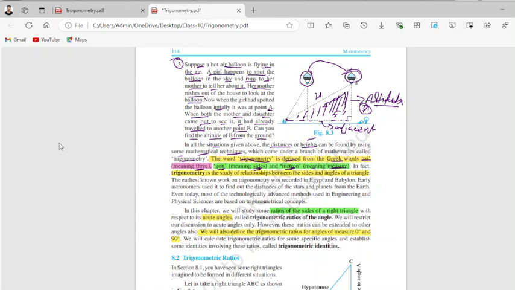So the meaning of the word is the measurement of the sides of a right angle triangle.